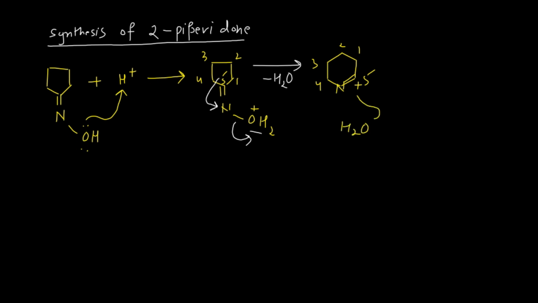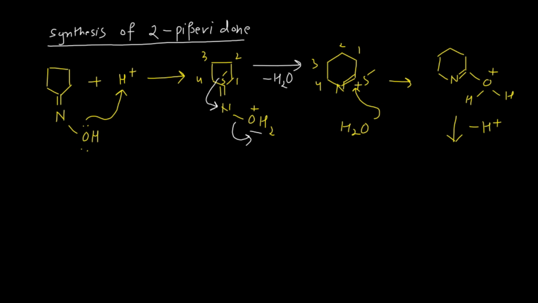And when I'll react with this water, it will come here and it will form this nitrogen double bond. This is my OH2 with positive charge. Now I am doing the deprotonation, minus H positive. I am not drawing the complete mechanism.